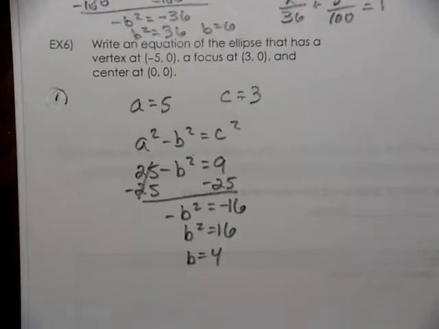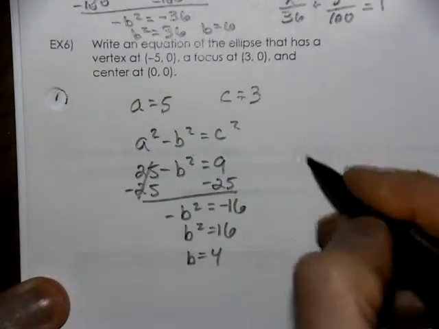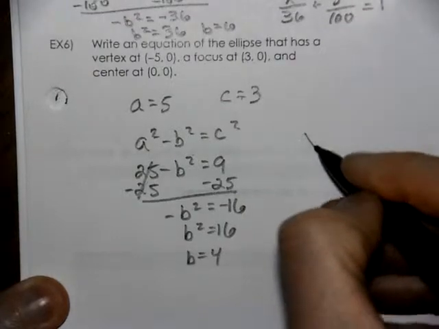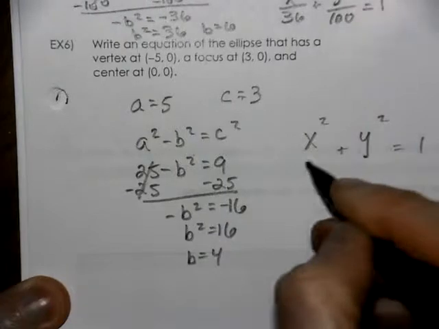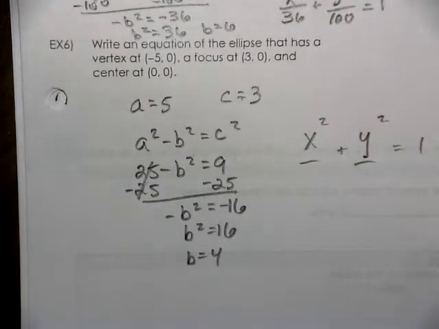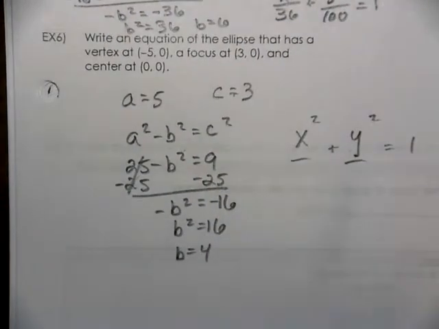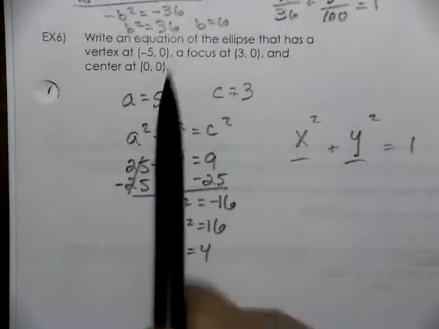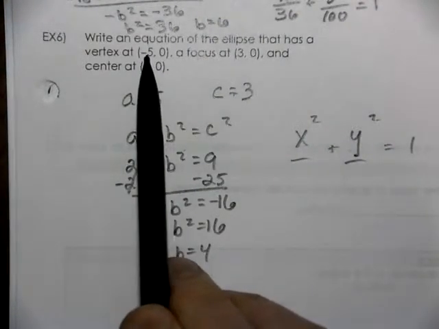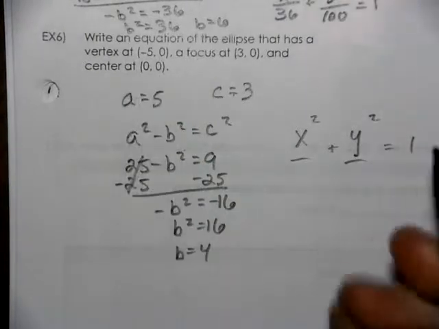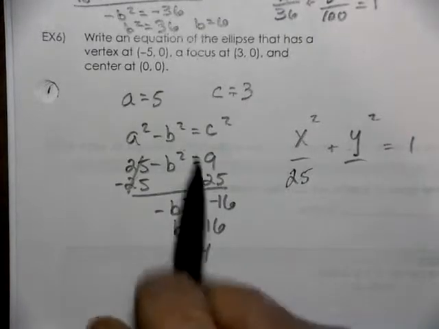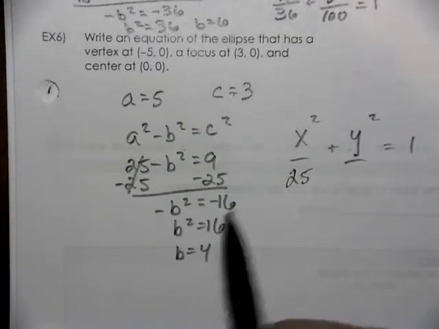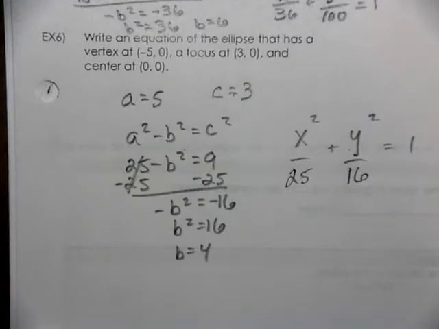So our b value is 4. And we write our equation as x squared plus y squared equals 1. Now we need to determine where does the a squared go. The a was with the x term, so our 25 is going to go underneath the x's. Our b values are therefore going to go with the y squared.